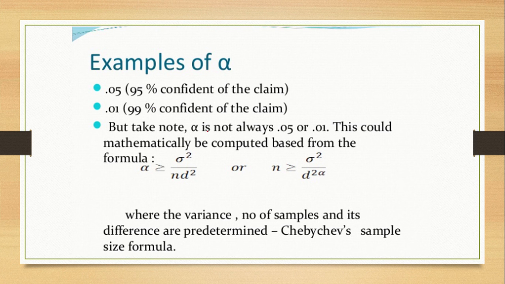But take note, alpha is not always 0.05 or 0.01. This could mathematically be computed based from the formula.